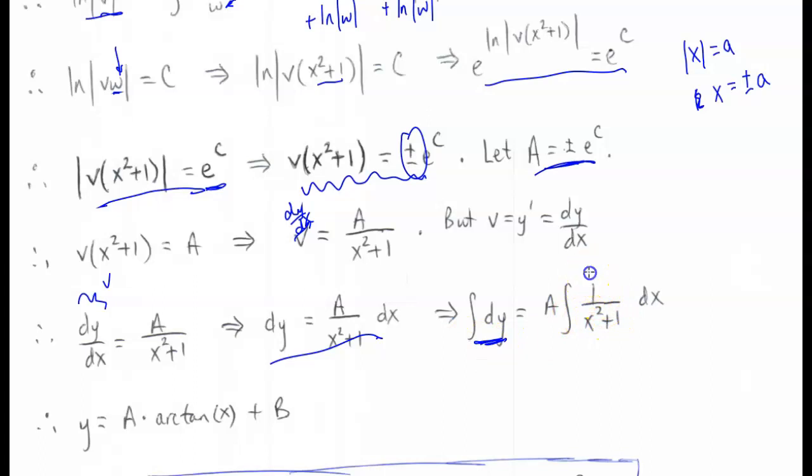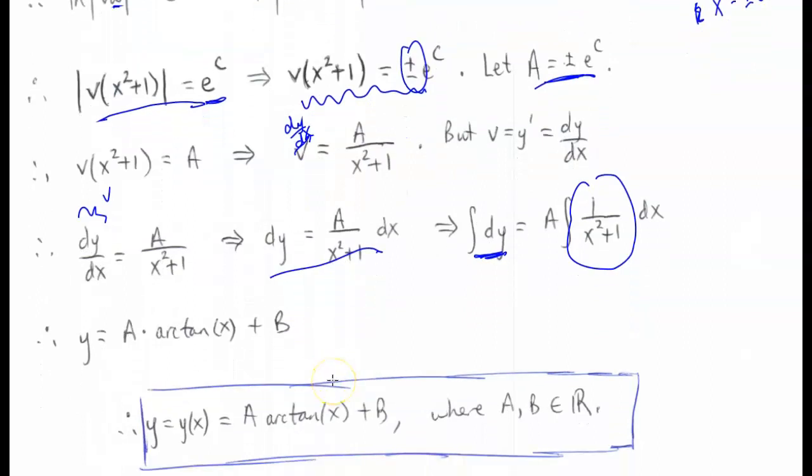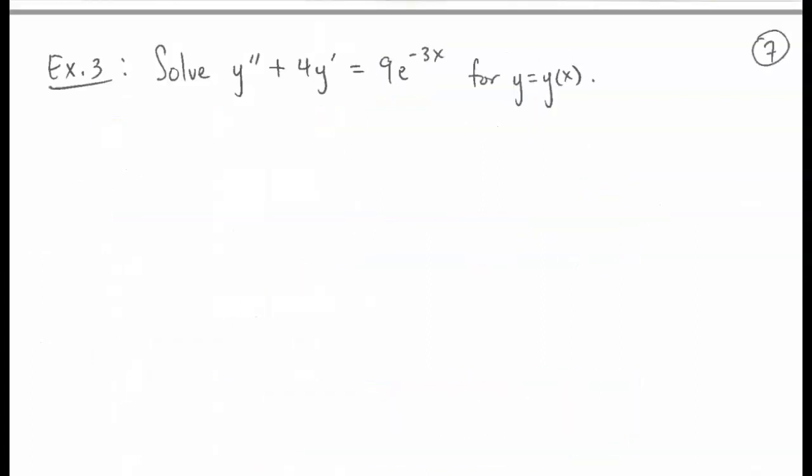On the right side, we know that 1 over x squared plus 1 is the derivative of arctangent of x. So the antiderivative of 1 over x squared plus 1 is going to be arctangent. And we see that our final answer here just ends up being y is equal to some constant, which we call a, times arctan of x plus another constant b, where a and b are both real numbers.